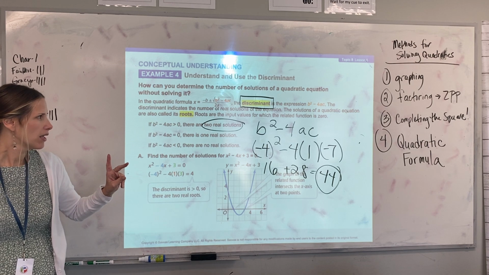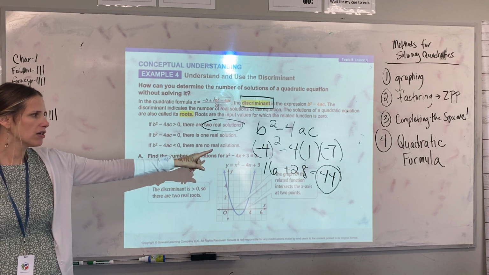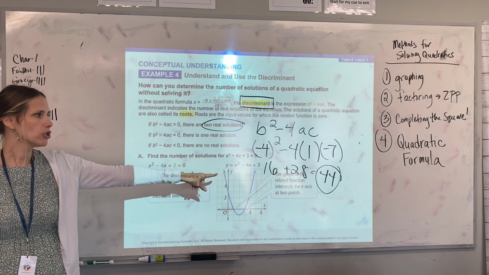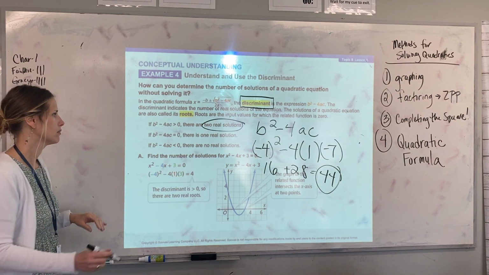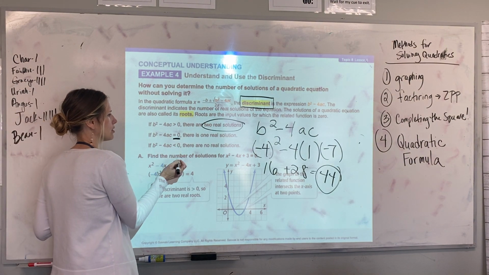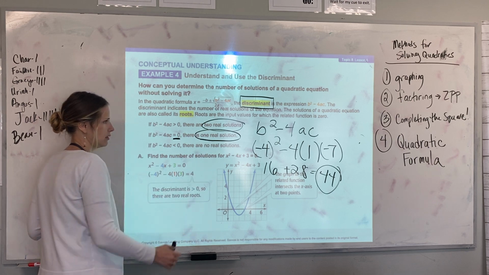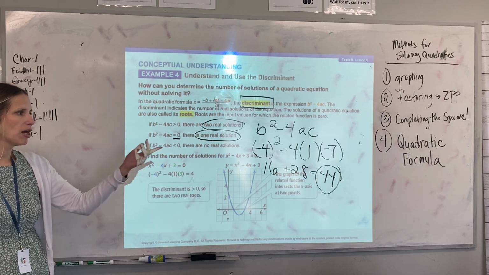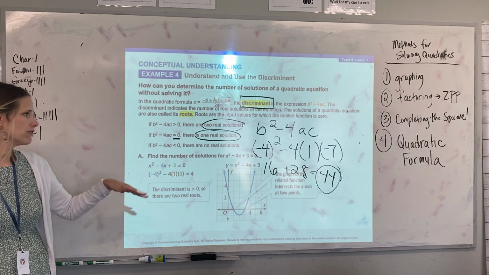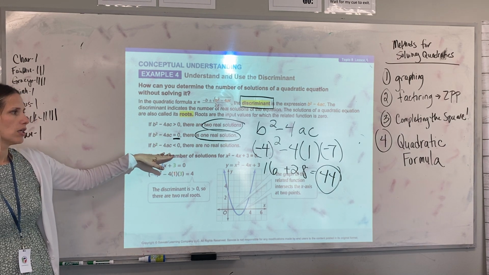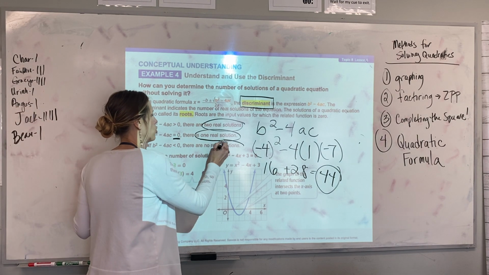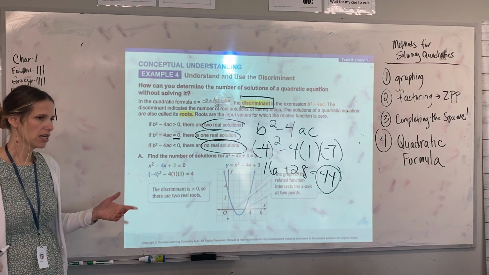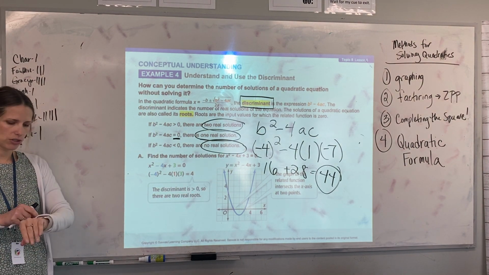If you solve for a discriminant and you end up with the value 0, there's only one solution. And if you get a number for your discriminant that's negative, less than 0, it means it has no real solutions. That's all I want to teach you about the discriminant.